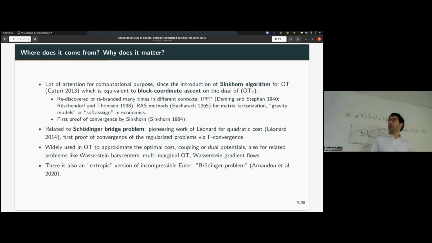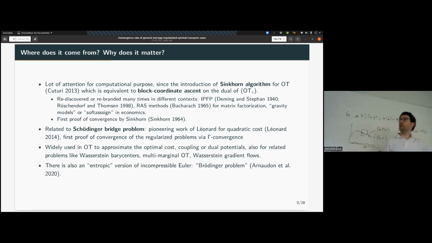Okay, where does it come from? Where does this matter? Well, as I said, it was introduced for computational purposes by Cuturi, who introduced the Sinkhorn algorithm for solving these optimal transport problems. So once you have this regularized problem, you have a very fast algorithm to compute solutions.